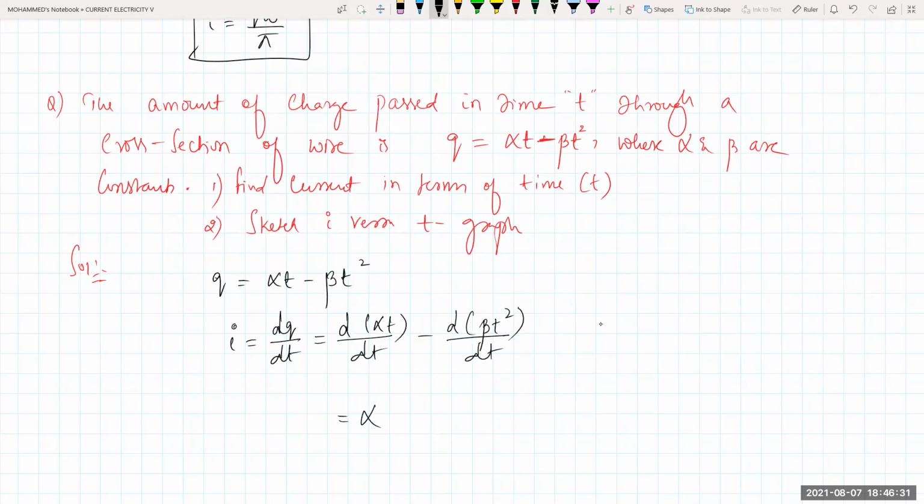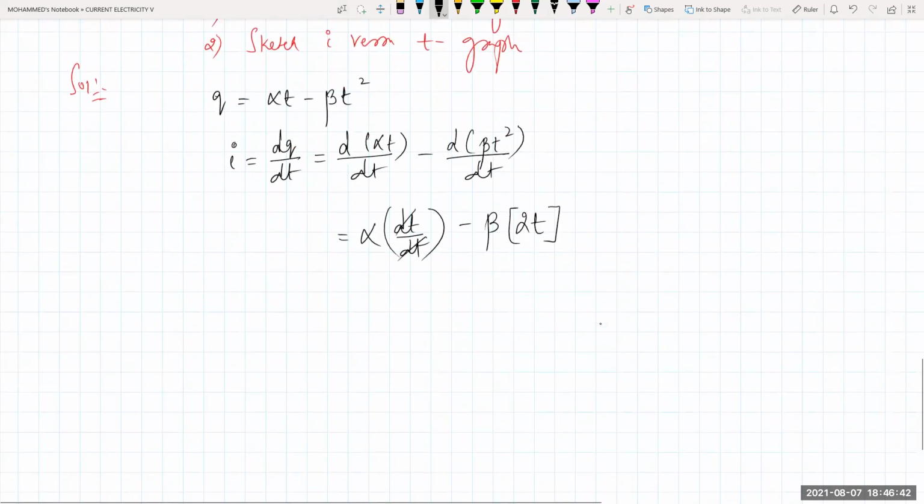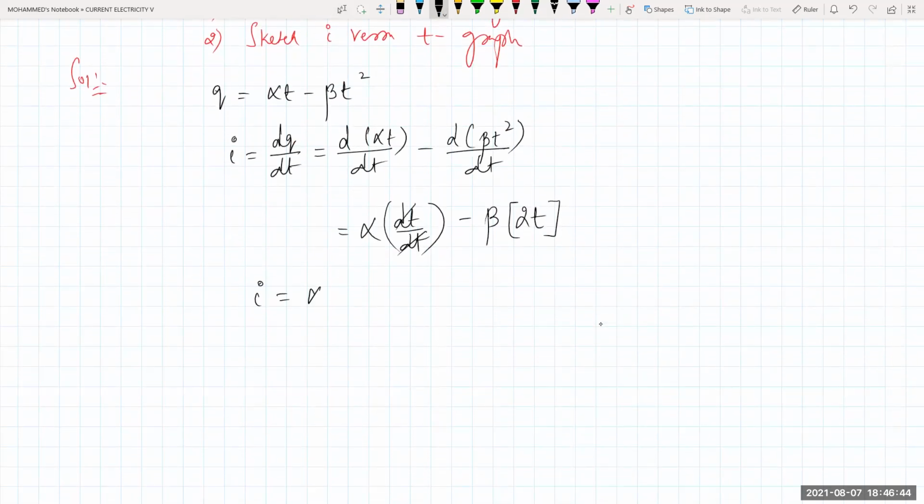In this one, alpha, and dt by dt gets cancelled. Minus beta, and the differentiation of t square is 2t. That means current I is equal to alpha minus 2 times beta into t. This is your current. So at t equals 0.